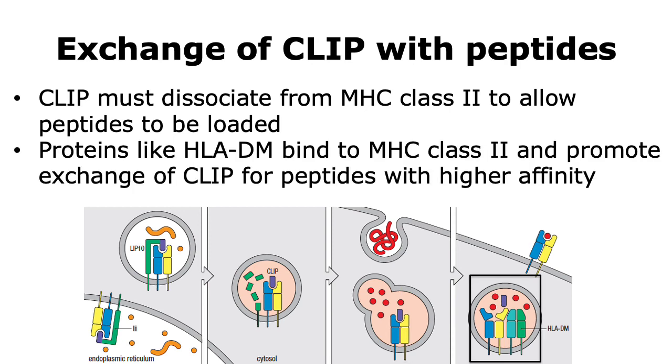The dissociation of the CLIP peptide is promoted by a protein called HLA-DM. The association of HLA-DM, which is a membrane protein, with the MHC Class II molecule causes a conformational change in the MHC Class II molecule, which promotes the dissociation of the CLIP peptide.